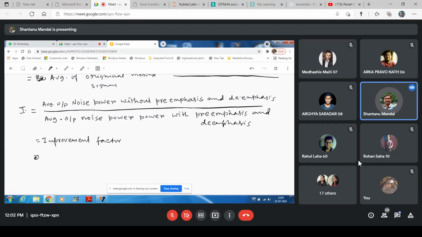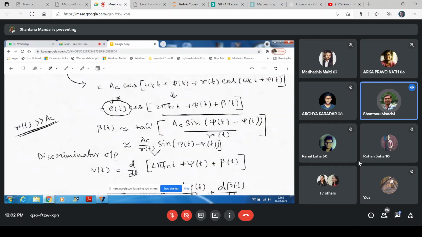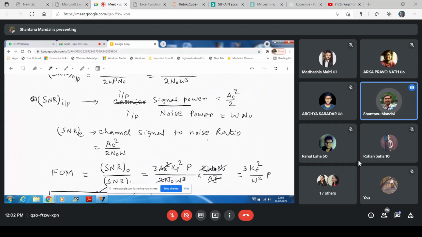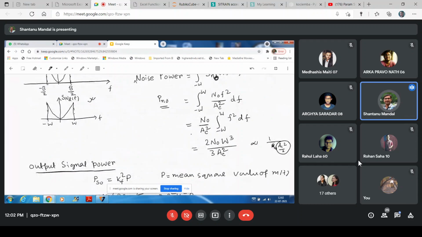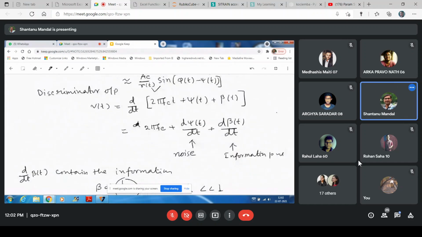So what is the average noise power without pre-emphasis? The average noise power without pre-emphasis is equal to this one. This is the average output noise power without pre-emphasis and de-emphasis, that is 2 N0 WQ by C AC square.